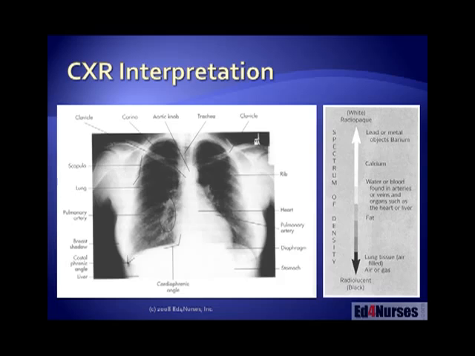and then the costophrenic angles are also labeled here. See the costophrenic angle toward the heart in the middle, and then we see a costophrenic angle over on the left-hand side of your screen that is showing the bottom part of that diaphragm and the bottom part of the lung. We should see sharp costophrenic angles. We should see the lung fully expanded, and the lung tissue should look pretty dark like what we're seeing here. Some of the other things identified on this X-ray are the heart, and that's another thing to assess, because a lot of times you'll see a big heart, which can tell you your patient may have heart failure.